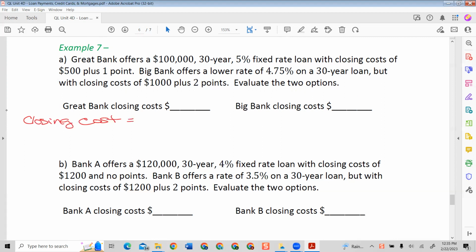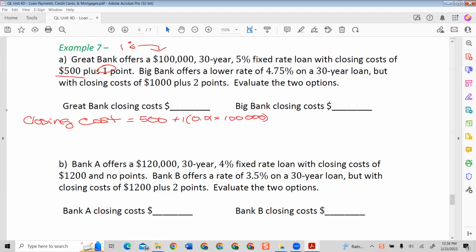The closing cost is what? It's 500 plus 1 point. Well, how do we calculate the 1 point? So what I know, 1 point means 1%. This means 1% of this 100,000. So I'm going to write it out right here, 0.01 times that 100,000.